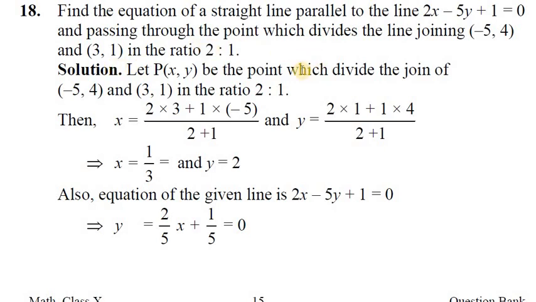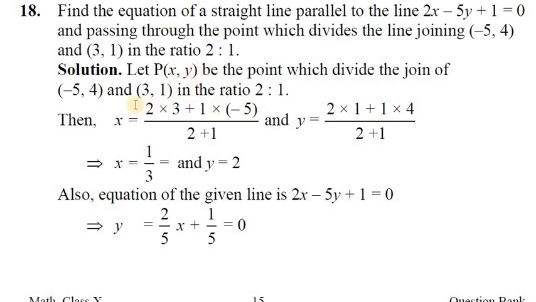So first of all, we can find the point which divides the line joining these two points in the ratio 2:1. Using the section formula, we can find this point. So let the point at which the line segment is divided in the ratio 2:1, the point of internal division, be (x, y).